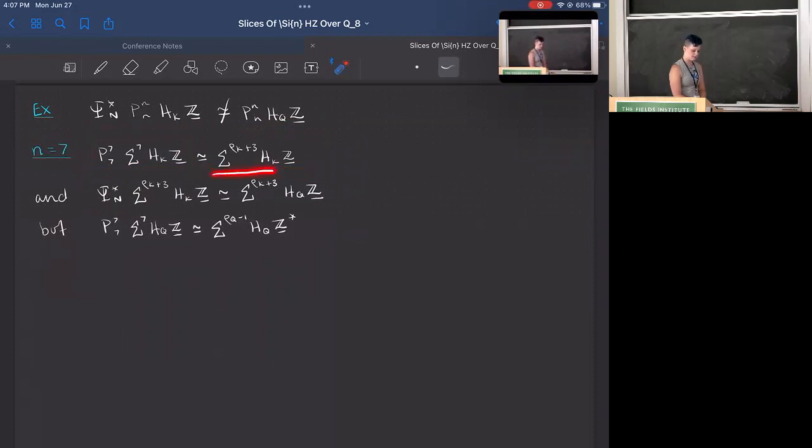Now when we inflate this spectrum, we get a rho k plus 3 suspension of HQZ. But the 7 slice of sigma 7 HQZ is a rho q minus 1 suspension of HQZ dual. And these two spectra are very much not the same thing.